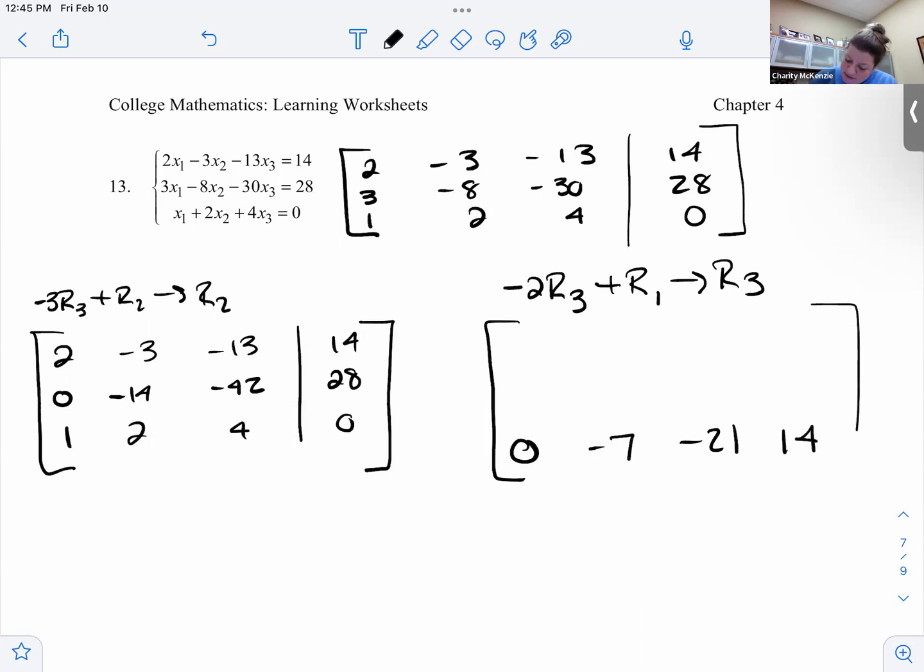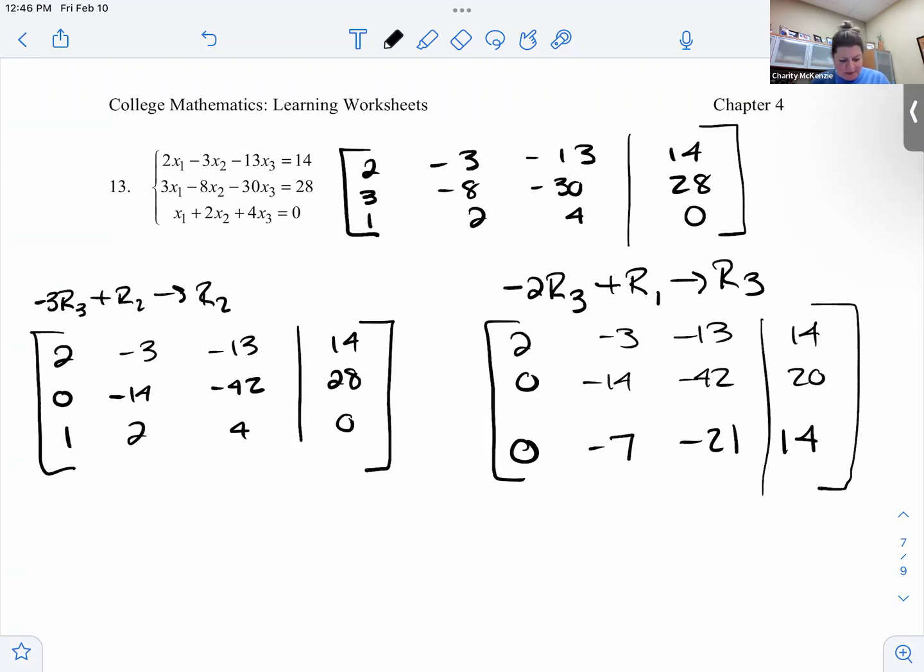Then the other two rows stay the same. All right, so here's where we're at right now.